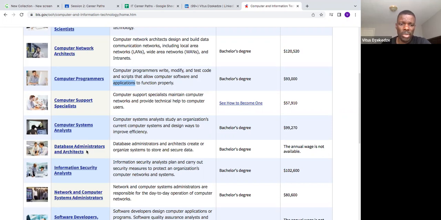Now, one that is very popular, everybody is talking about: DBAs, database administrators and architects. These are the guys that do administration. Again, think about school. The headmaster is the one that administrates the school, the discipline master, those are the guys that administer the school. So database administrators are the ones that organize anybody's access to the data.